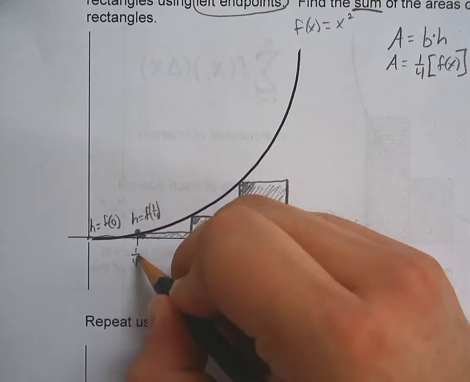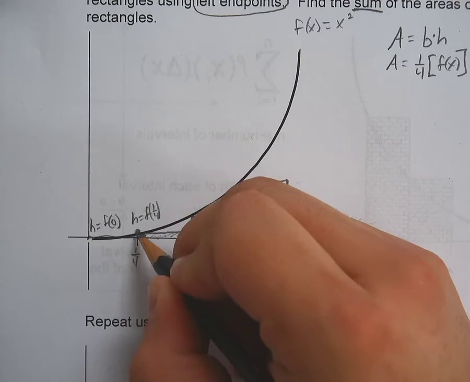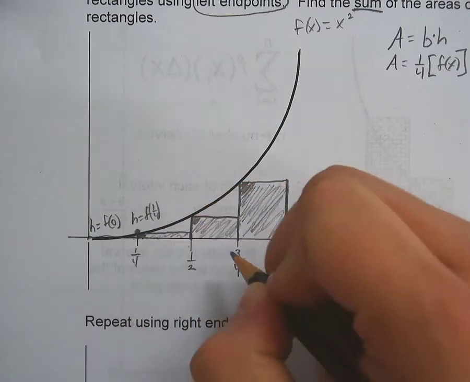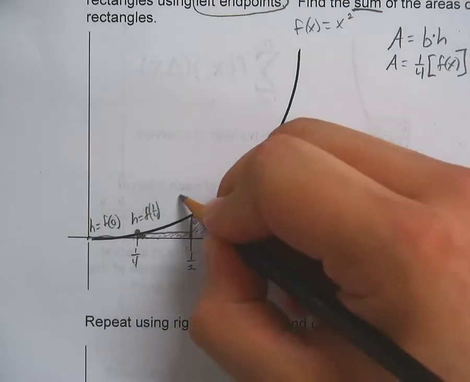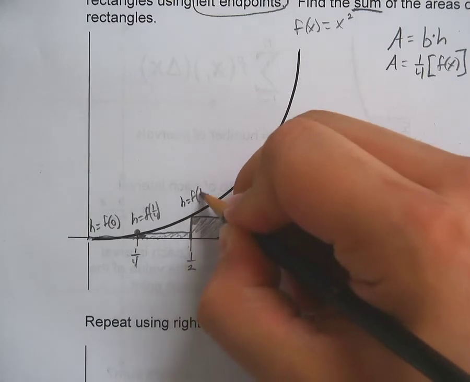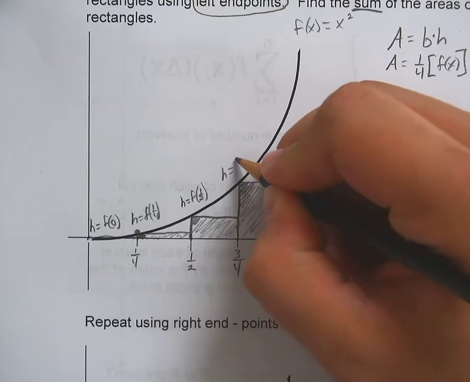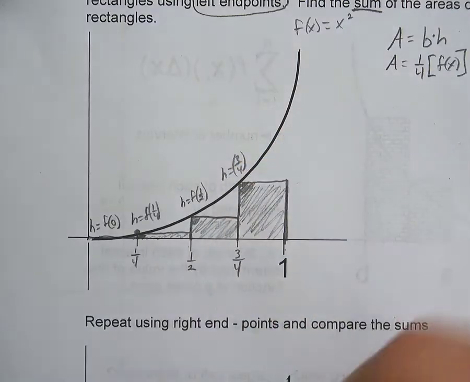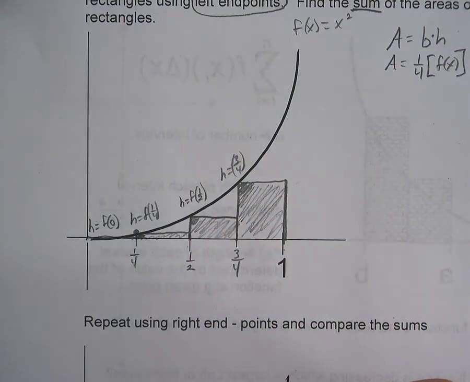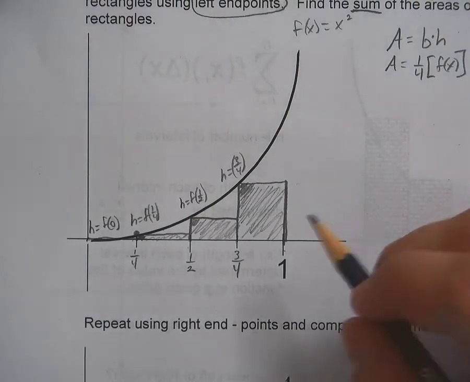If I go to 1/4 on my x values and find my graph, that'll give me my height. If I go to a half, that'll give me my height here. If I go to 3/4, that'll give me my height here.